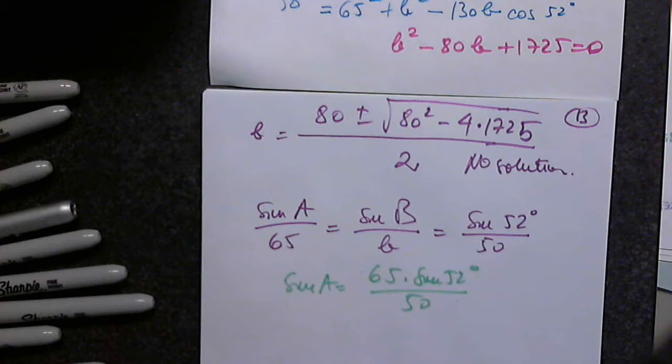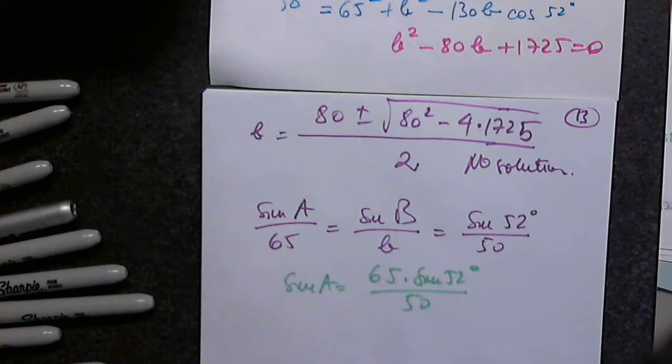So let's calculate. 65 multiplied by sine 52. 1.02. Exactly. And divide by 50. Once I see this, there's no discussion. I didn't have to find the quadratic equation. I didn't have to put in the quadratic formula.